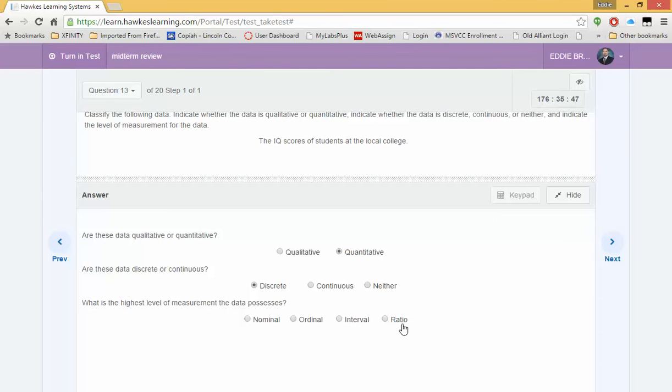Ratio has a natural zero starting point. You may think, well, an IQ score goes from 0 to whatever, but not really. I don't believe anyone could score a 0 on an IQ test. I guess if you didn't take it, but that's not what it's talking about. So that's not really a meaningful 0 starting point.